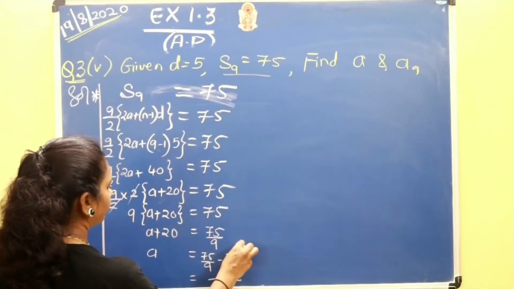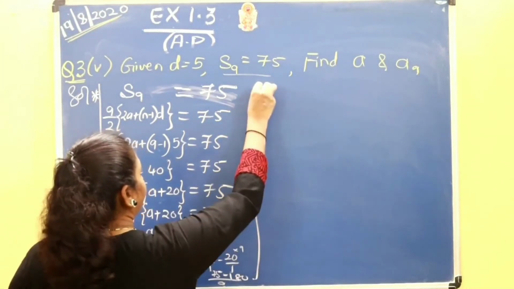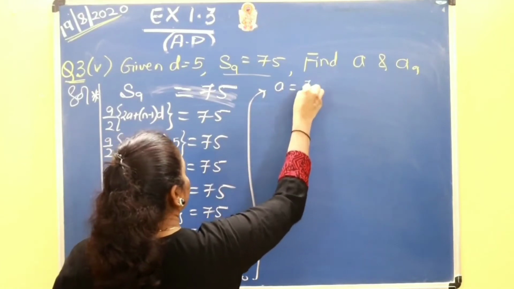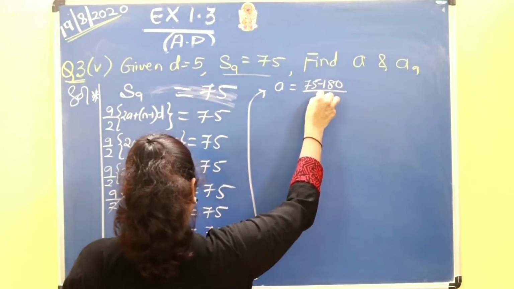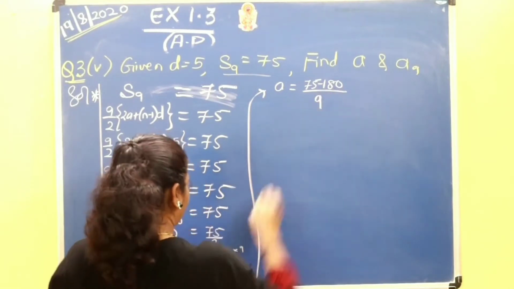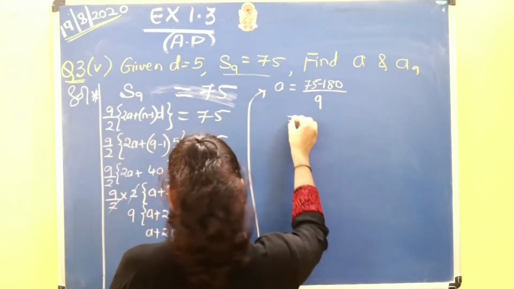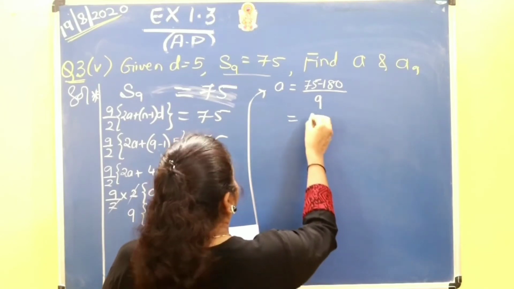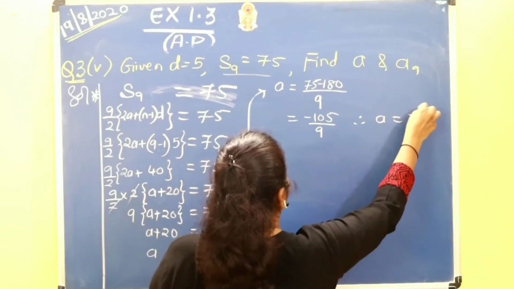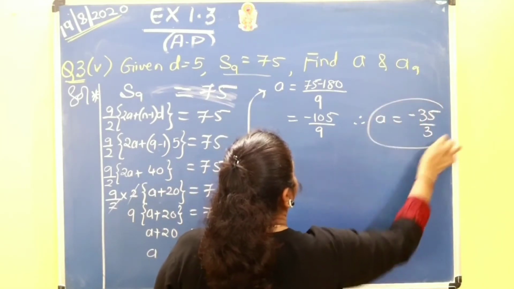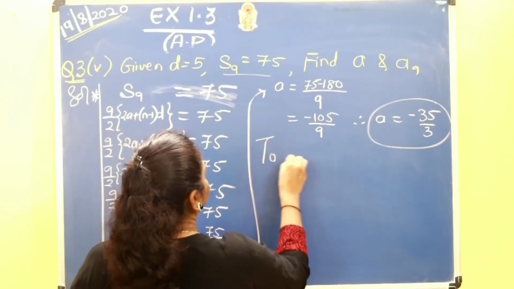Find out the LCM. 75 minus 180, so you have a is equal to 75 minus 180 divided by 9, because your LCM is 9 here. So you get minus 105 divided by 9. Therefore, a is equal to minus 35 by 3. So this is your a value.